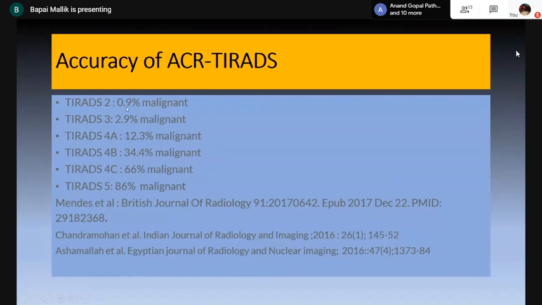This is the data from that study. Very similar kind of results we have seen in a study by Chandramohan et al., which is from Indian patients, published in the Indian Journal of Radiology, and one study from Egypt. And there are many other studies which show that TIRADS is a pretty accurate system in evaluating lesions and at least saying that these are benign and we do not need to go ahead with FNAC in some of those cases, but there are other considerations.